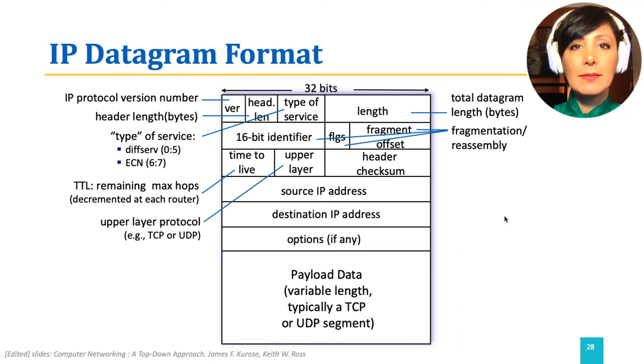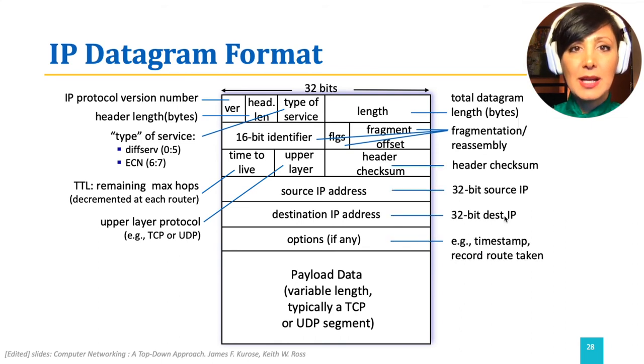The header checksum, known as the Internet checksum, is used for error detection at the routers. Source and destination IP addresses are used for addressing purposes, and the option field is available to allow the IP header to be extended to include additional required information.